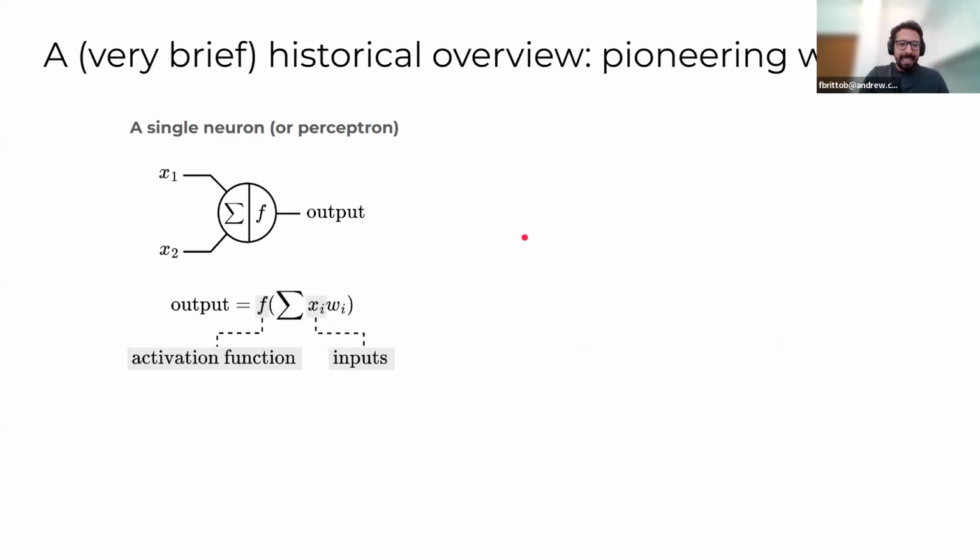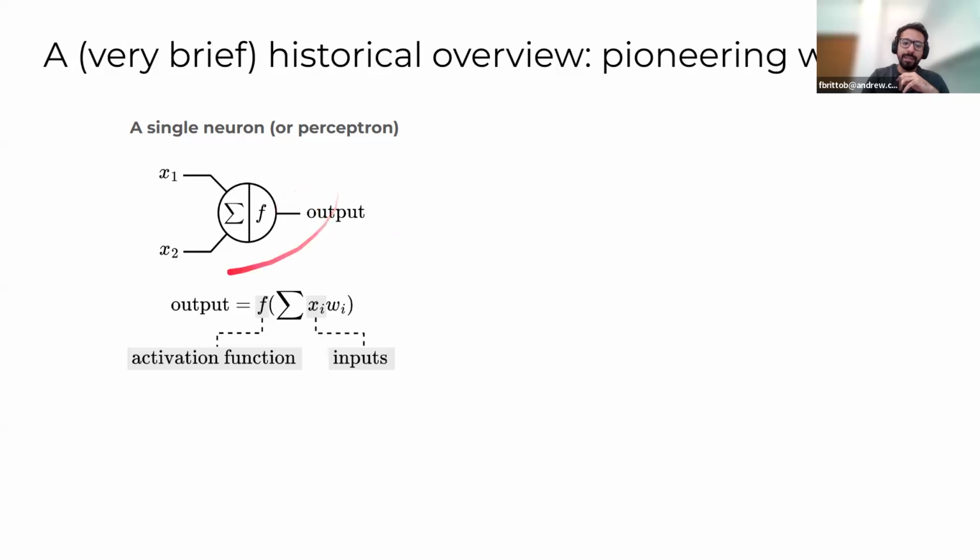So let's just say some definitions. I want to give you some background information about this, but we got to state some formalities before. So this is the kind of schematic that we will use to talk about a single neuron, also called a perceptron, right?